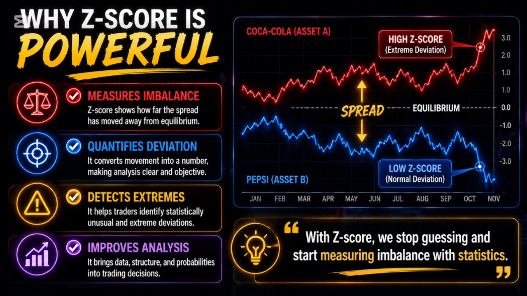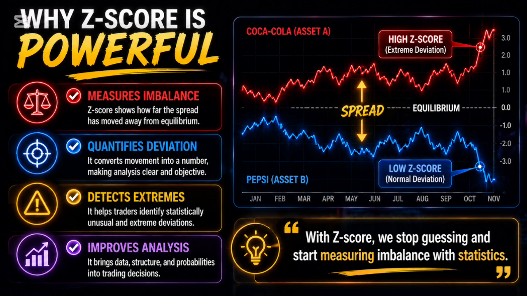We are using the concepts in statistics: z-score, standard deviation, spread, correlation, cointegration, and so many of the terms. We are using those to measure imbalance objectively, right? So now this is very important.